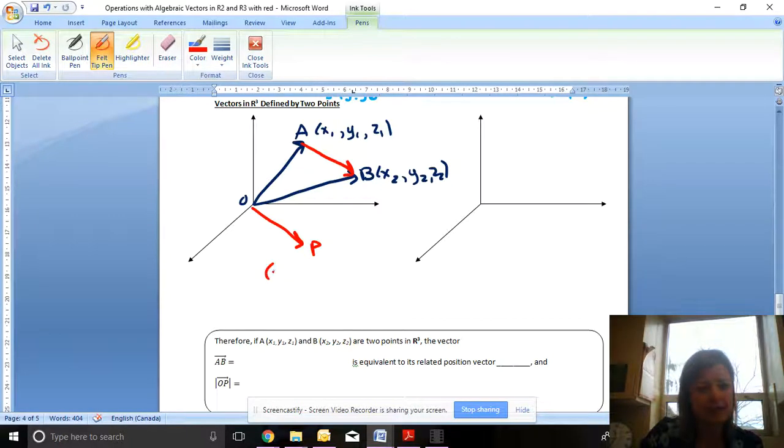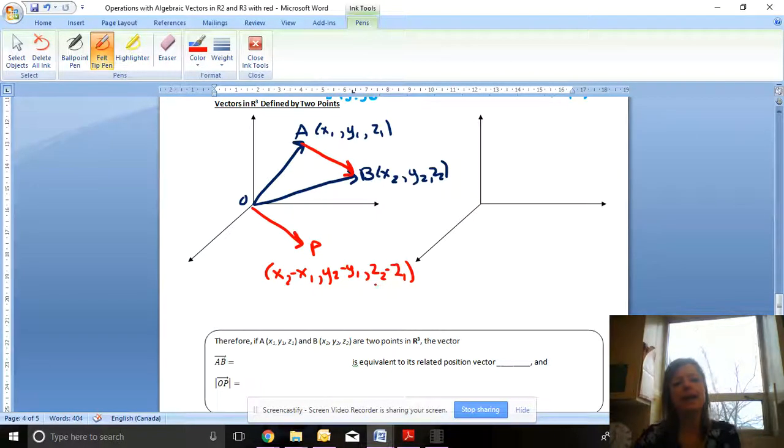That is just equal to x2 minus x1, y2 minus y1, z2 minus z1. The reasoning is the same, it's just that we're adding that third coordinate, the z coordinate.